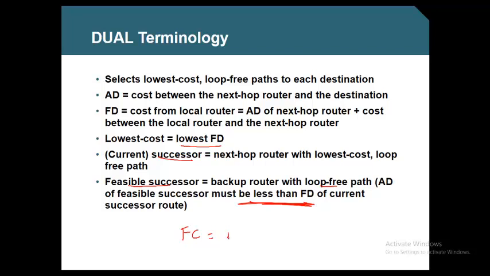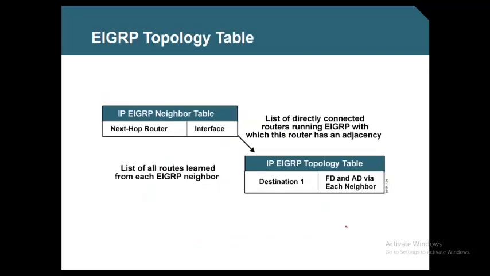The advertised distance of the backup path must be less than the feasible distance of the successor route. Yeah, you understood this very well. So this is the magic that the DUAL algorithm uses to find the best path and the backup path, and both the paths will be maintained in the topology table.